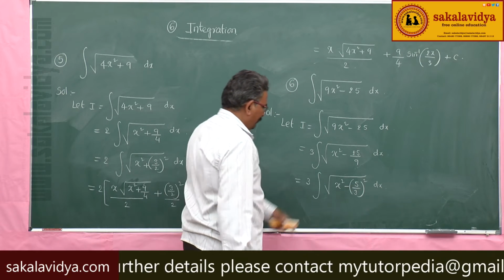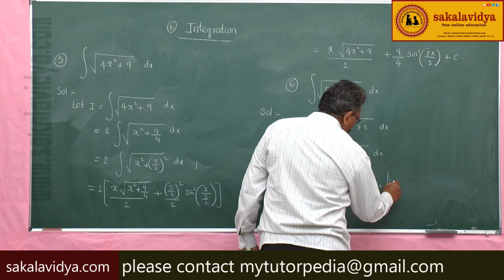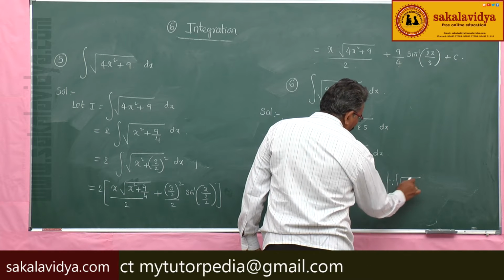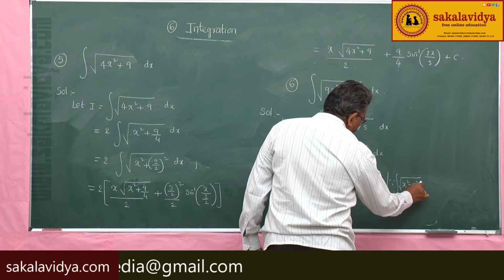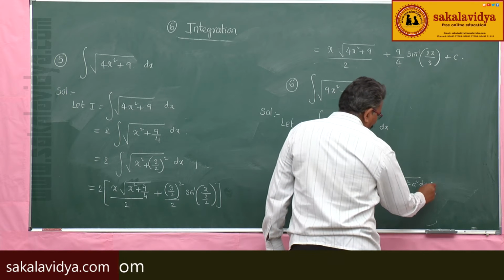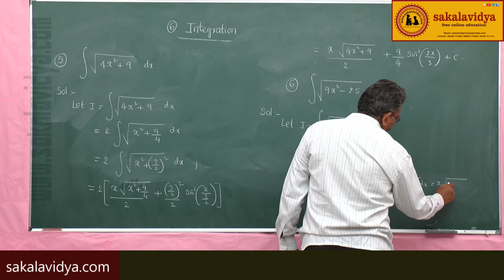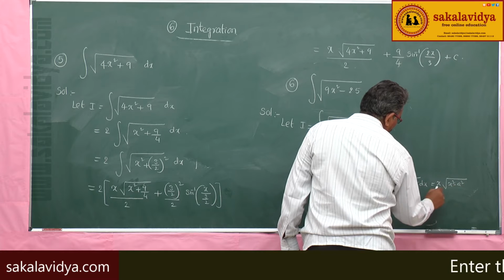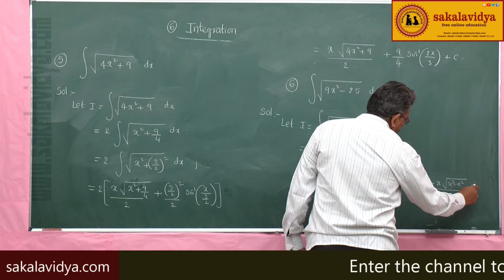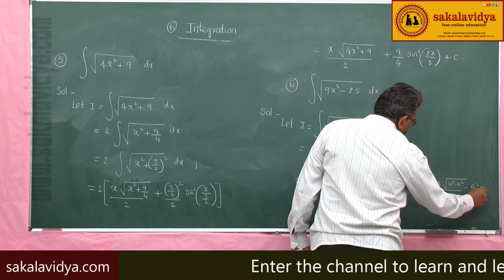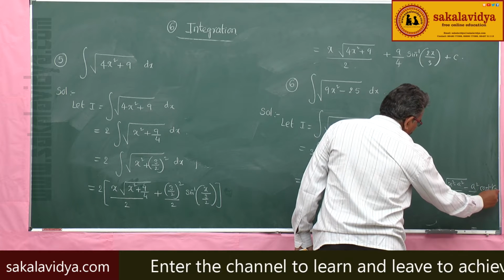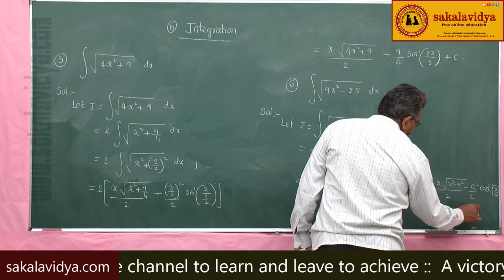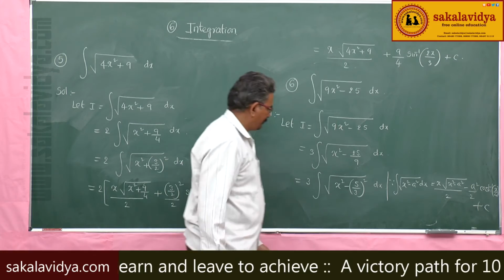So, this is in the form of the integral of root of x square minus a square dx. The formula is x root of x square minus a square by 2 minus a square by 2 cosh inverse x by a plus constant of integration.